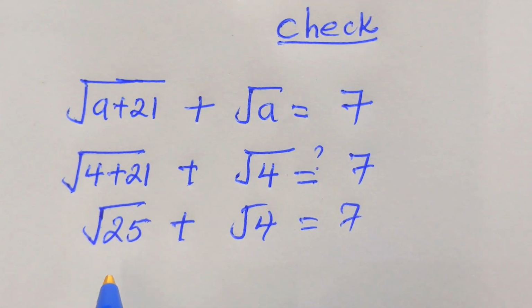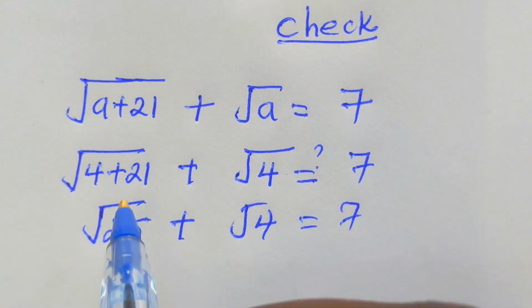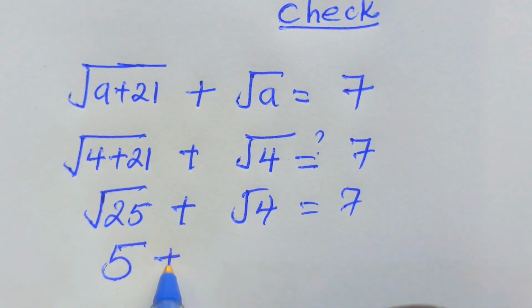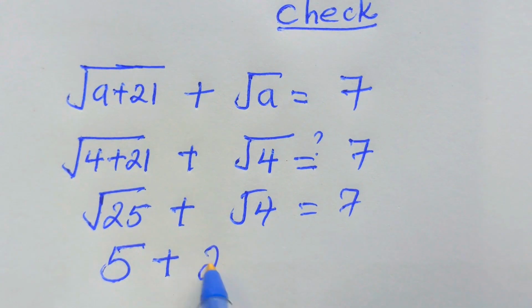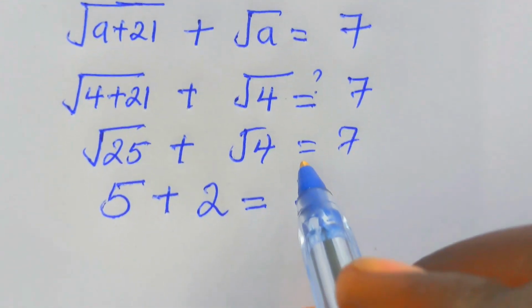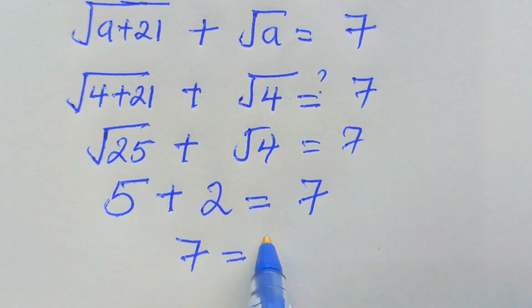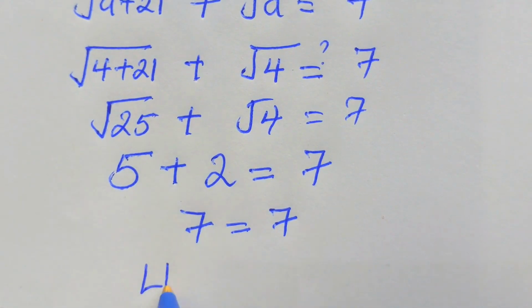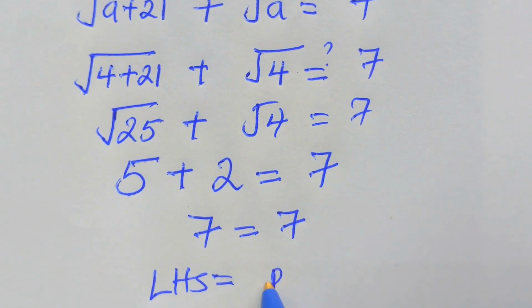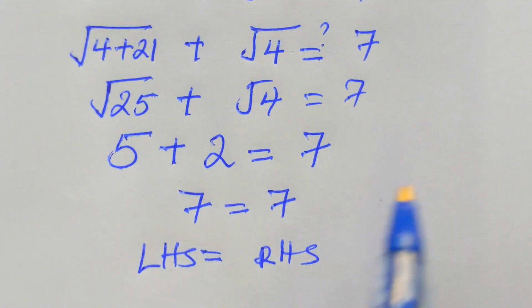These are perfect squares, so the square root of 25 is 5 plus the square root of 4 which is 2, and this equals 7. So 7 equals 7, left-hand side equals right-hand side.